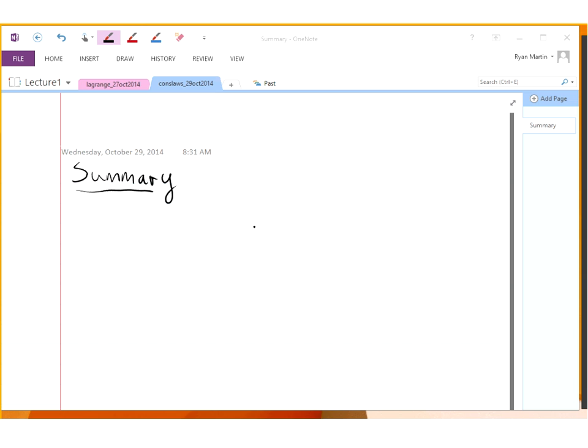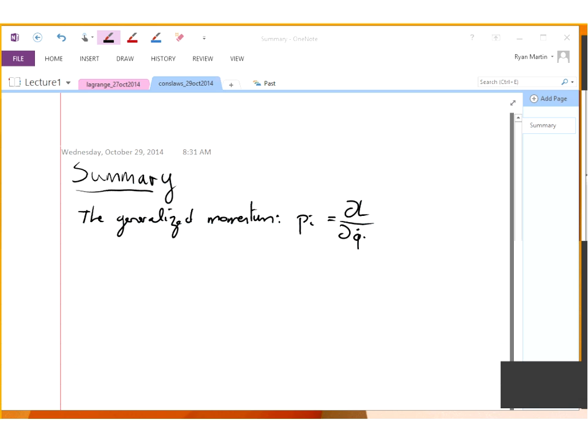So last time we introduced the generalized momentum, Pi, and that was given by the partial derivative of the Lagrangian with respect to Qi dot.